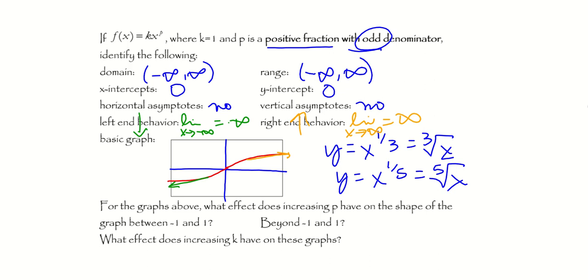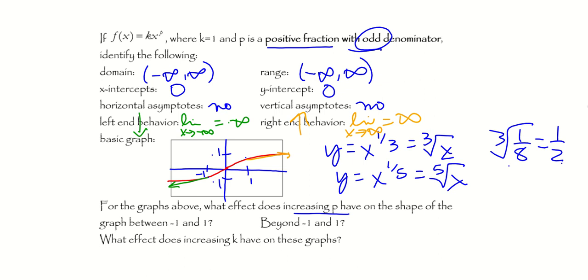So for the graphs above, what effect does increasing p have on the shape of the graph? Well, if we call this 1, 1, and this here -1, -1, when we take fractions and take their cube root, they get bigger. So if I were to take the cube root of 1/8, that would be 1/2, which is bigger than 1/8.